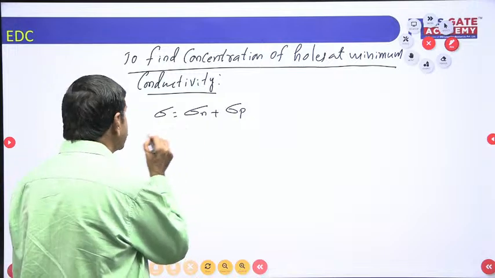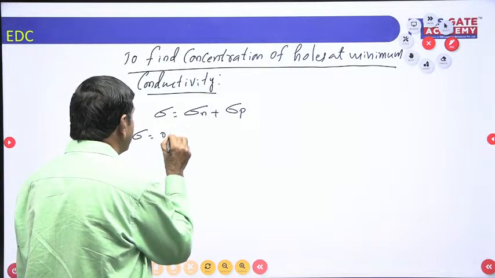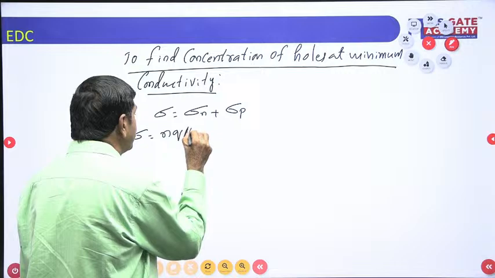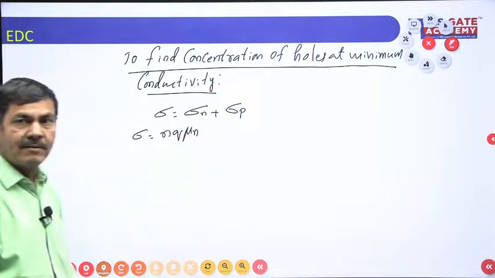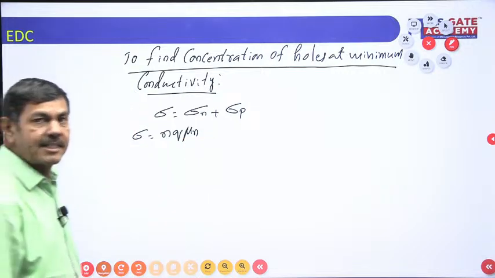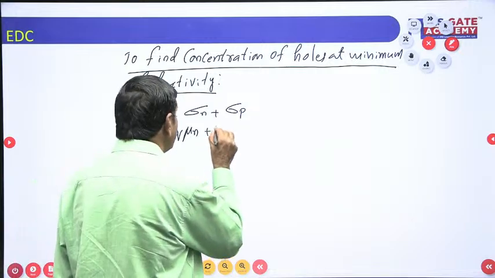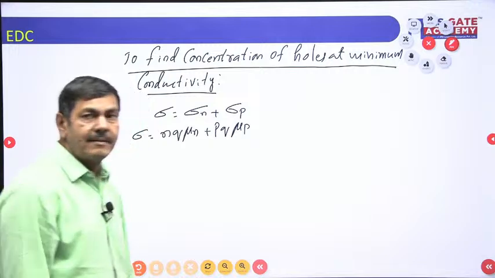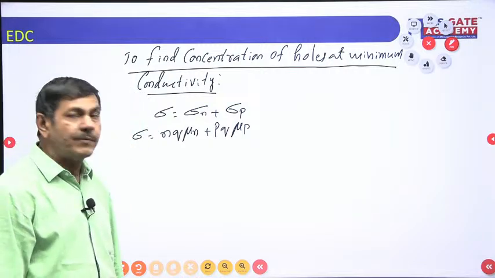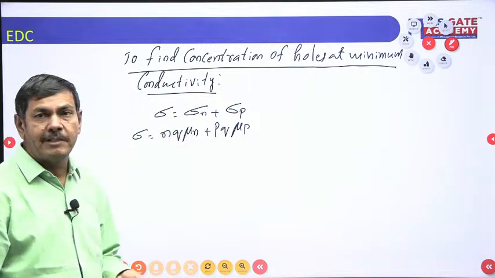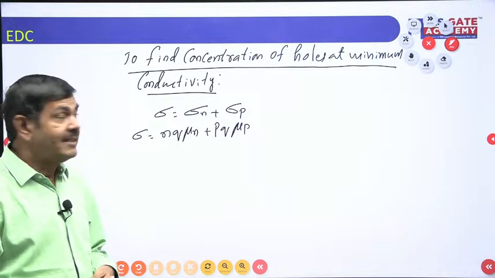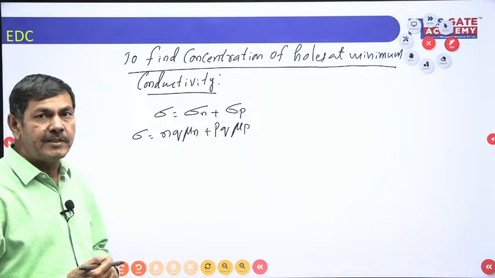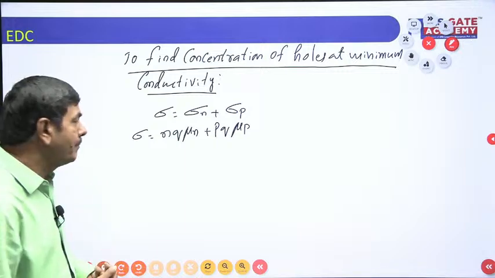We know very well sigma n is n into q into mu n, and sigma p can be taken as p into q into mu p. But in this equation, we need to eliminate the n term. Eliminate means you should not remove it directly; you convert n in terms of p by applying the mass action law.